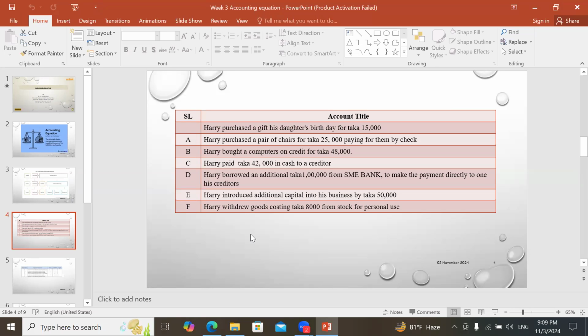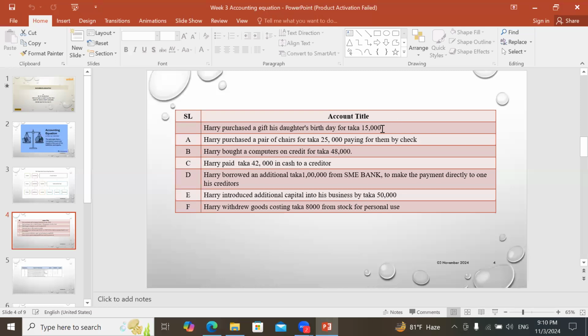How do you call this a transaction? If I said it in a journal, I would say purchase is debit and cash is credit. But does this 15,000 impact the company's finance or company cash or not?